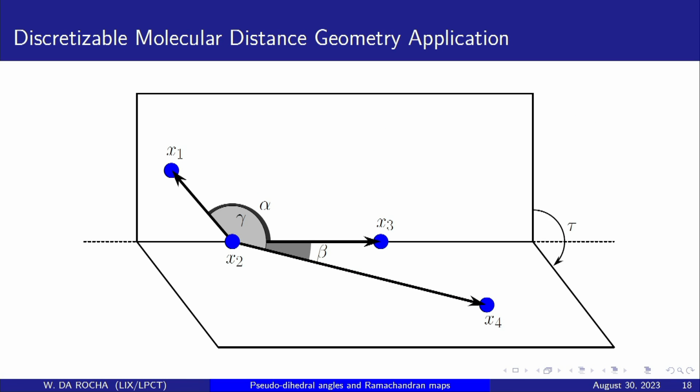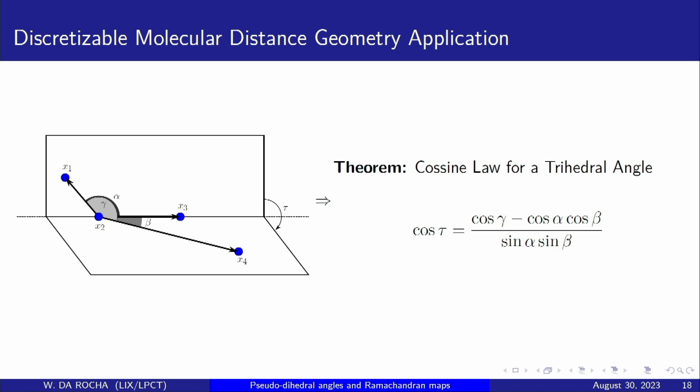This part I will just skip because I don't have much time, but this is how we can connect this application with the distance geometry problem. Here I have a dihedral angle, an unusual one. We have this cosine law for a trihedral angle that describes the cosine of the dihedral angle on the basis of the planar angles only.